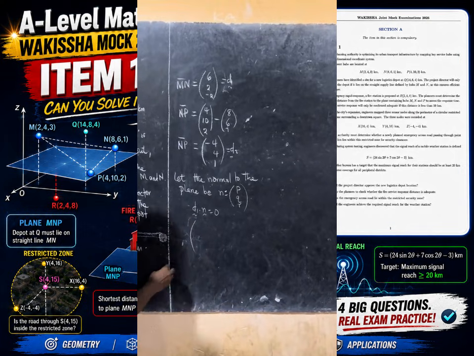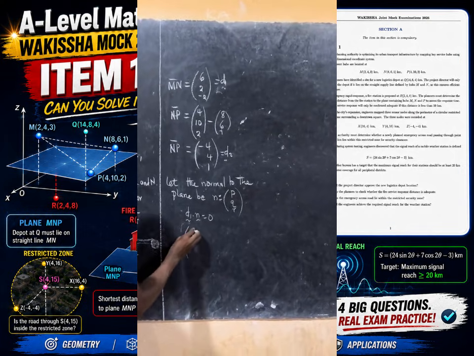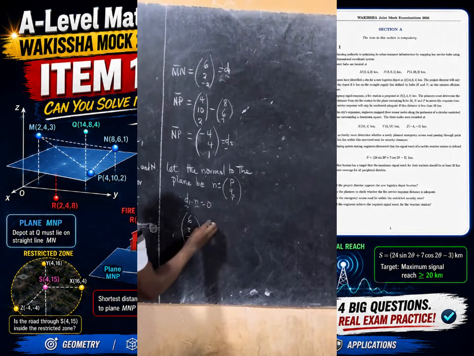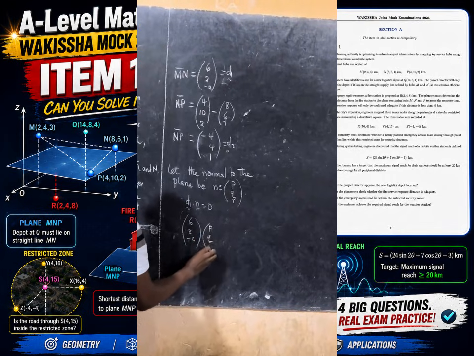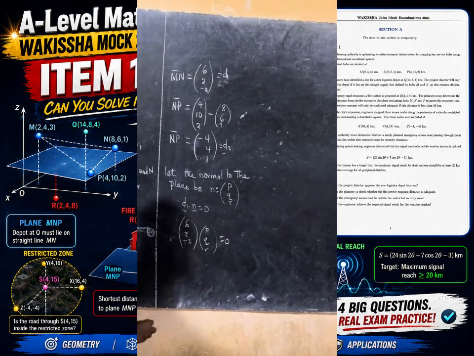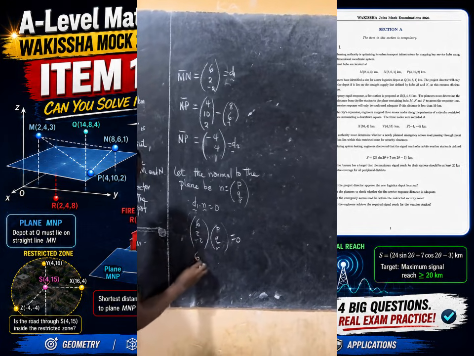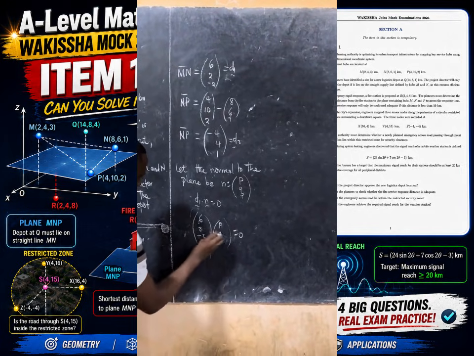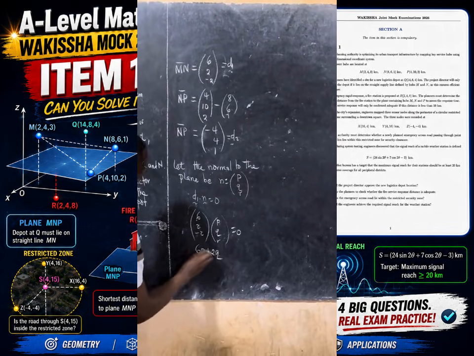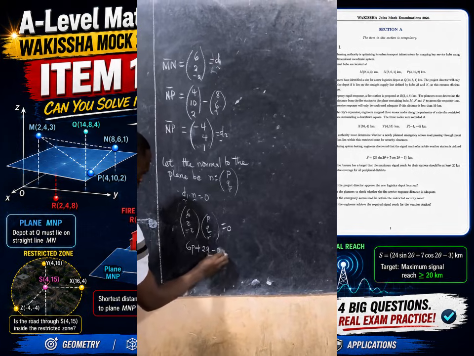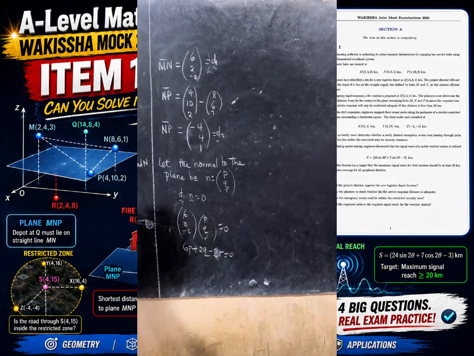Then D1 is 6, 2, negative 2. The normal is PQR, and this is equal to 0. When I multiply, I'll have 6P plus 2Q minus 2R equals 0.